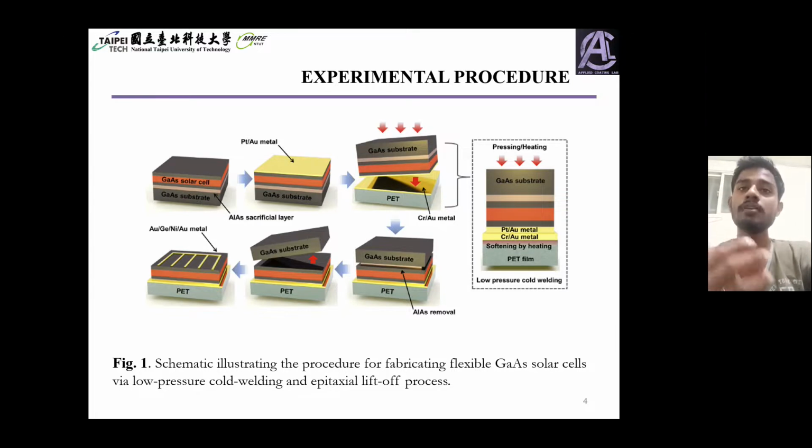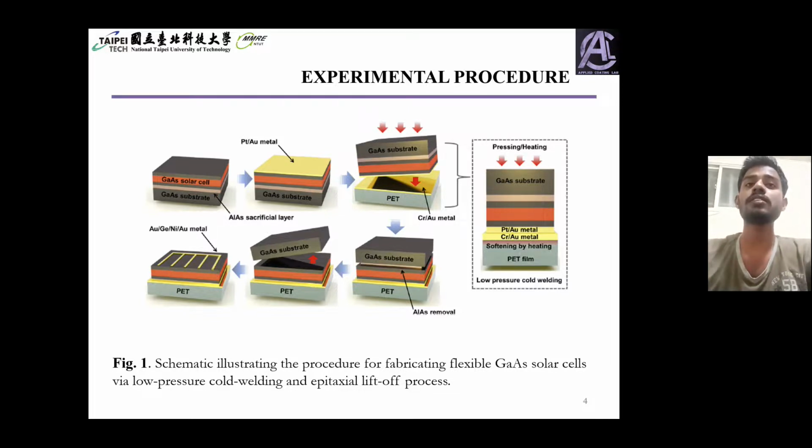In the gallium arsenide solar cell structure, the p-type back surface field layer as well as the p-type base layer are placed at the bottom, while the n-type emitter layer and n-type window layer are placed on the top. So the n-type layer and the p-type layer are placed at the top and the bottom of the structure.